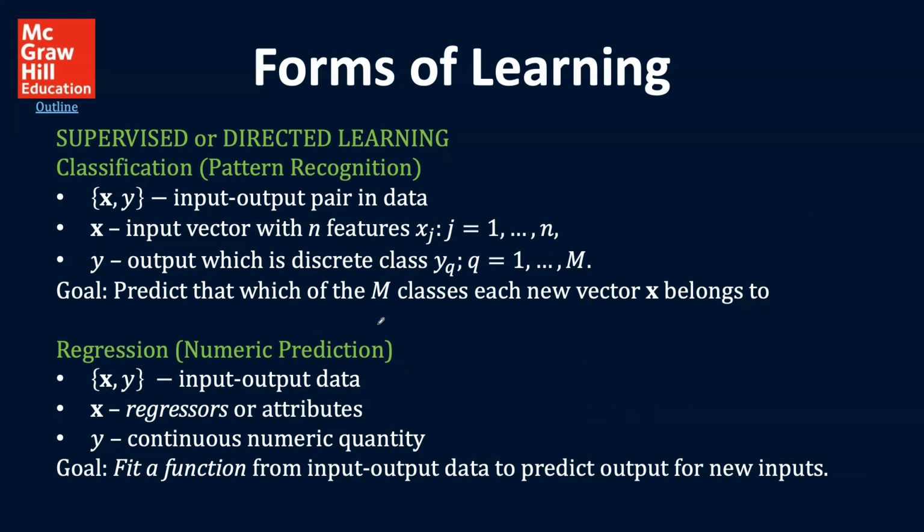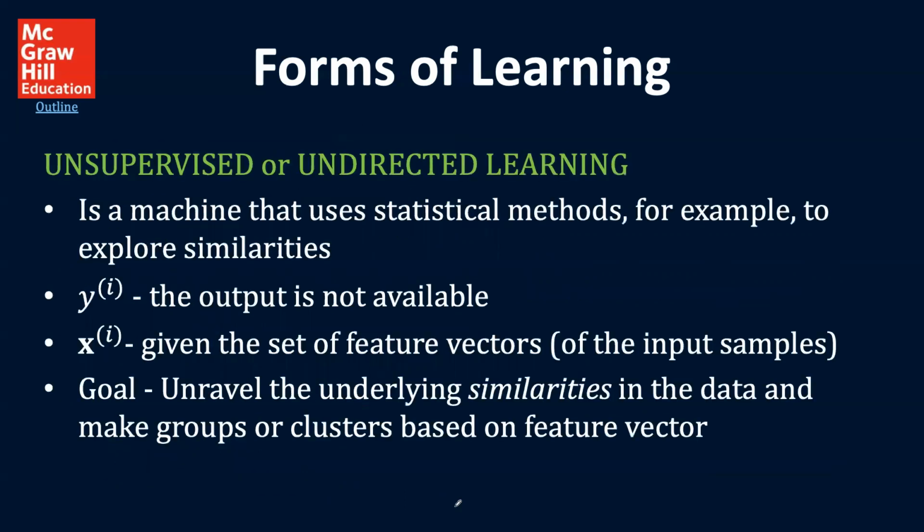If we were trying to do handwriting recognition. And for regression, we will fit a function from the input-output data to predict output for new inputs. So we're trying to do a numerical type of curve generation, and fitting to that curve would be the strategy that we're leveraging there.